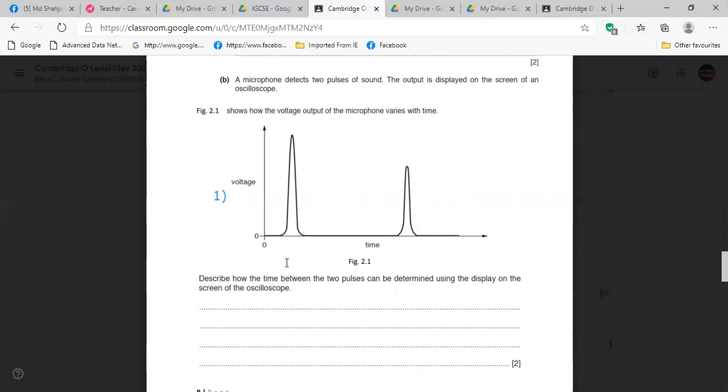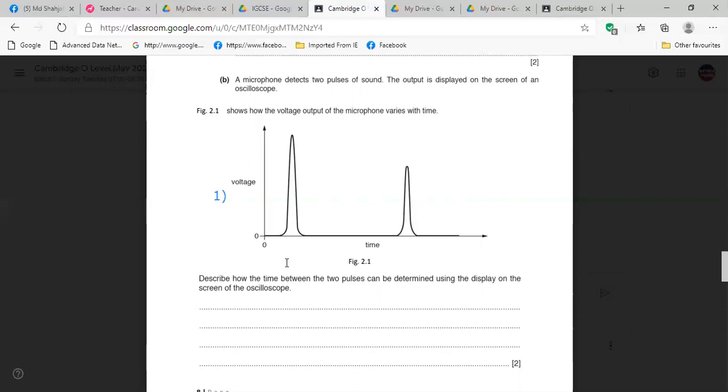At the beginning, one MCQ you got, MCQ one. There you got this idea. So what we did there, we got the number of divisions, right? How many divisions are there? So we will find that one, and we will also get the time base.